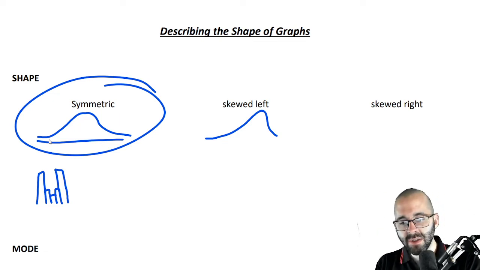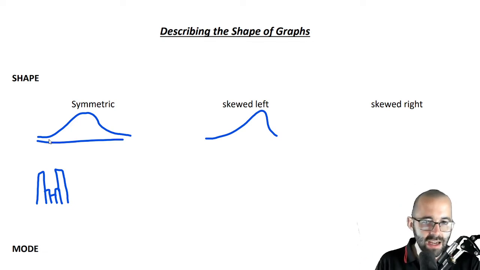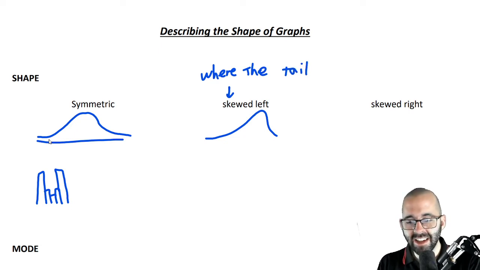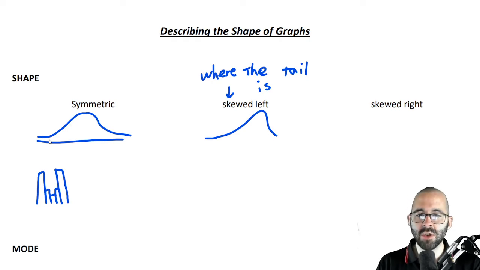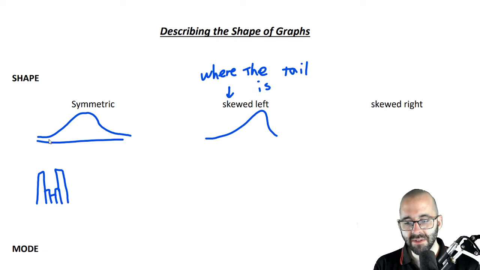That has to do with skewed left. Now it's a little counterintuitive because it looks like most of the stuff is on the right, but just think, skewed is where the tail is. You can also think about it as which direction we're pulling. We're pulling to the left, it's skewed to the left, all right?